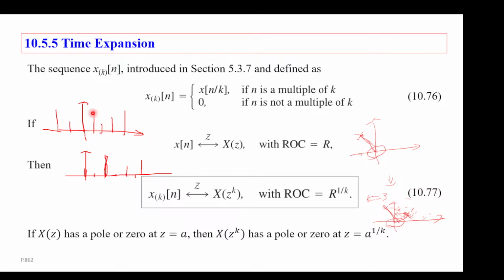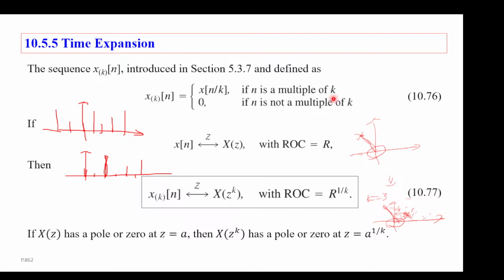So for example, the spike at n equal to 1 got moved to the spike at n equal to 2, and n equal to 0 still moved to n equal to 0, and the spike at n equal to 2 got moved to n equal to 4. And so you see this 1, 2, 3, 4 got mapped to 2, 4, 6, 8. And we just have a 0 in between those spike points.